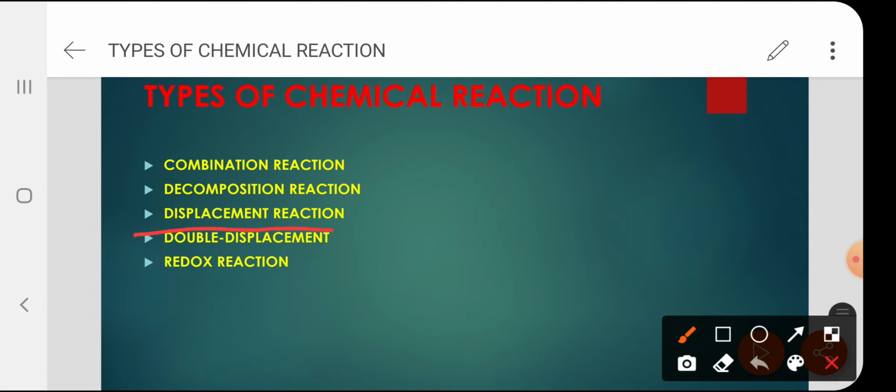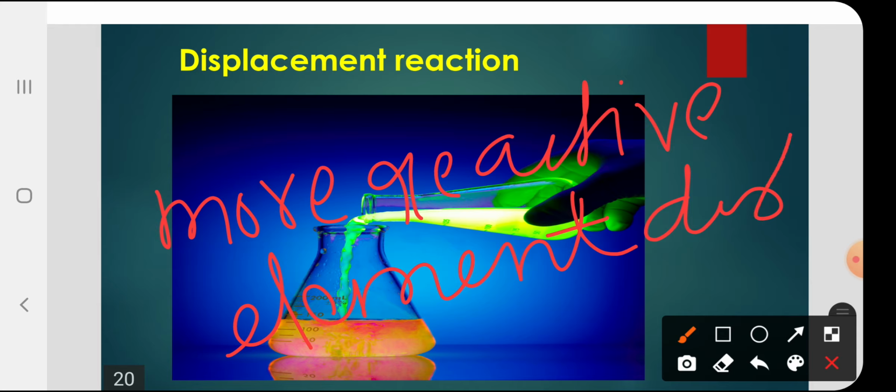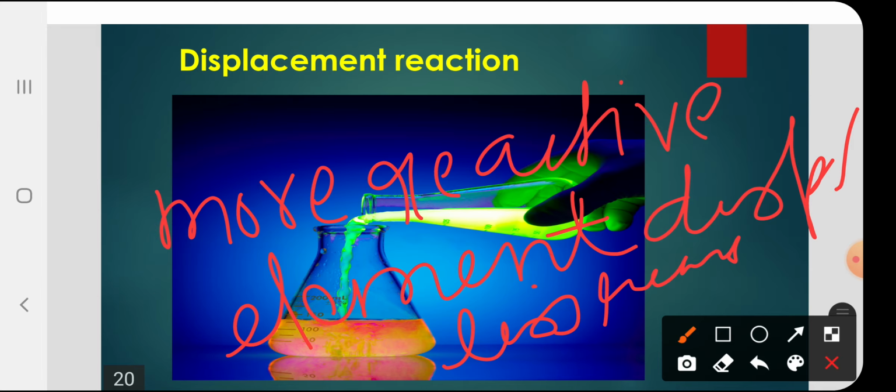Displacement reaction is that reaction in which a more reactive element displaces a less reactive element from its salt solution. Now see, this is the displacement reaction.